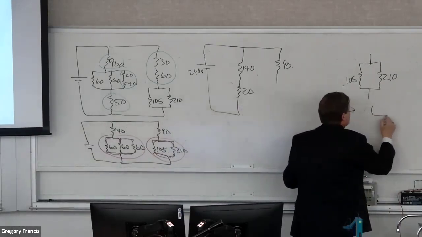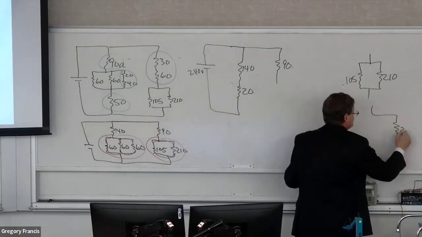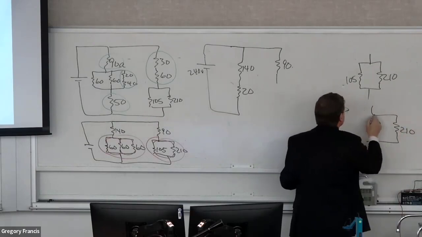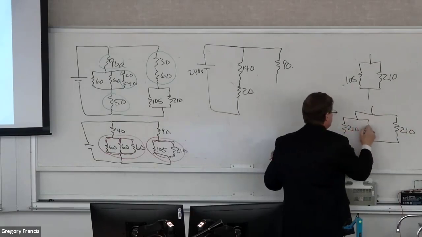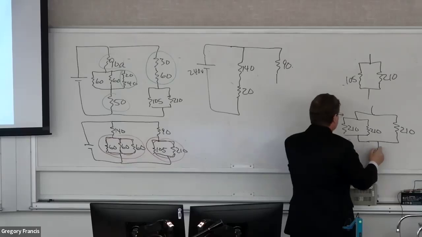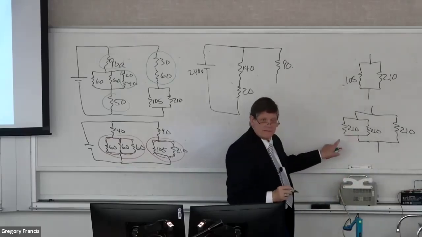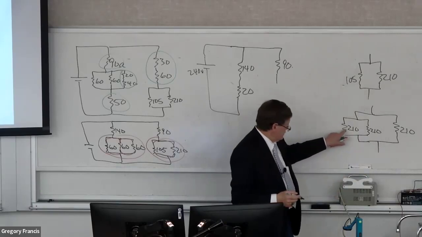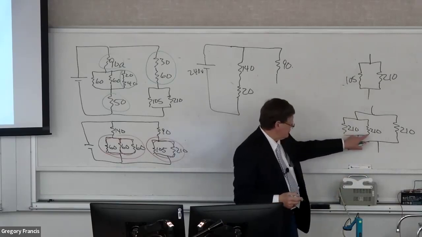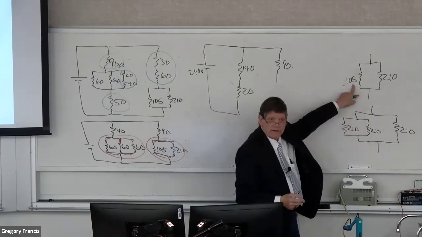The one on the right, obviously, I just need one 210. But the one on the left, I'm going to need two 210s. Two paths are twice as easy as one path if they're identical paths. And so two of these 210s is going to give me a 105.